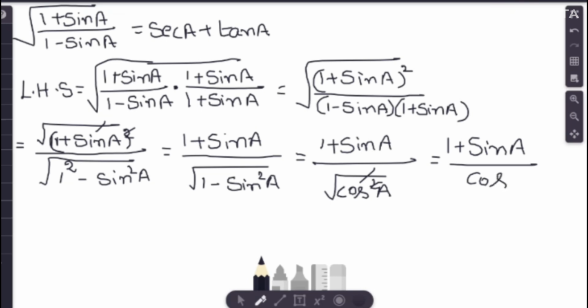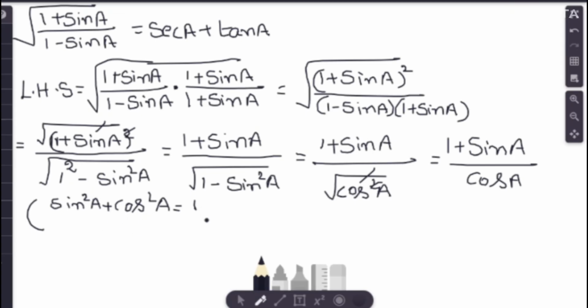I told you already, how did we get under root 1 minus sin square A is equal to cos square A? This I am writing here. Sin square A plus cos square A is equal to 1. This is a trigonometric identity.